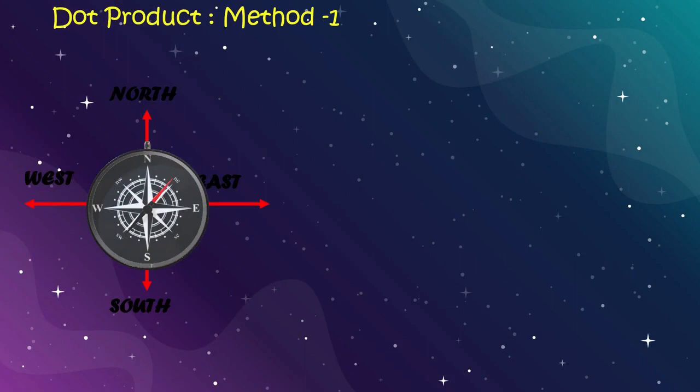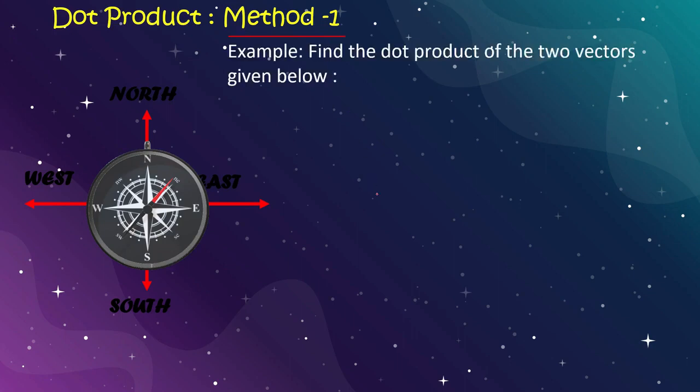Now let us check out dot products. We will see two methods for finding out dot products. In this example, we have to find out the dot product of two vectors, and the two vectors are given as a equal to 3i plus 4j and b equal to 5i plus 2j.